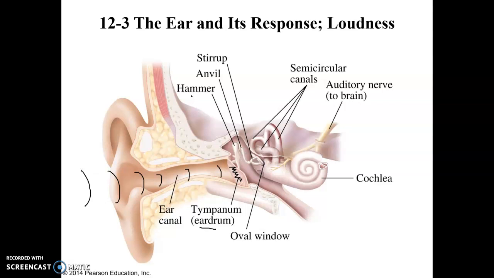Again, this is not my area of expertise, but it vibrates the hammer, which hits the anvil, which vibrates the stirrup. Then we have these canals with fluid in them, and the vibration travels through the fluid to the cochlea, which the auditory nerve senses in the fluid and takes to the brain, which your brain then interprets as audible sound.